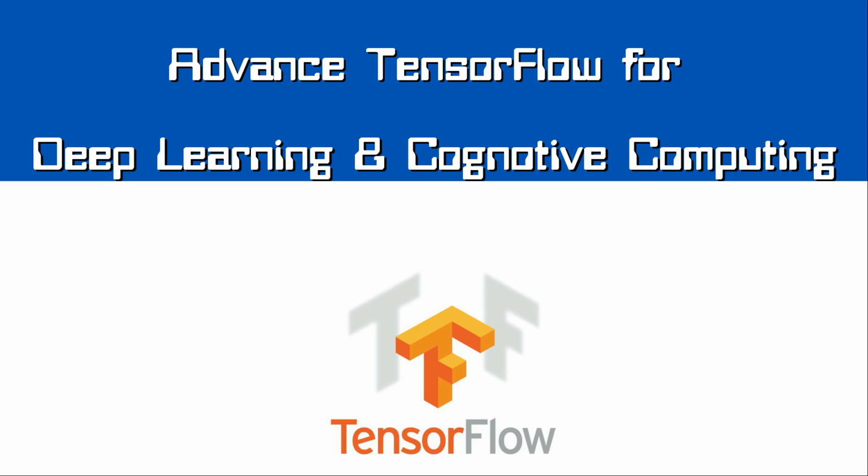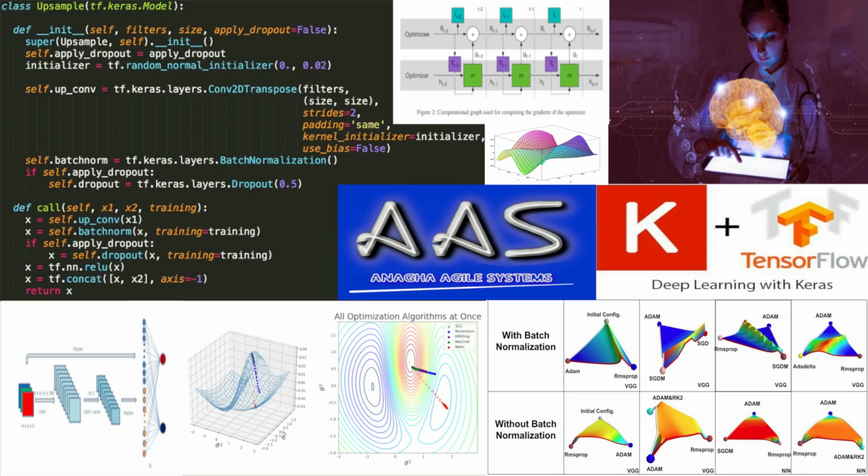into the topics. So let's start the second video of the deep learning series, and today's topic is the advanced course of TensorFlow for deep learning and cognitive computing. We'll be exploring various components of TensorFlow and its ecosystem, and we will try to explain a few important concepts, namely how it is compatible with the latest deep learning concepts and how a programmer can be a data engineer using TensorFlow.